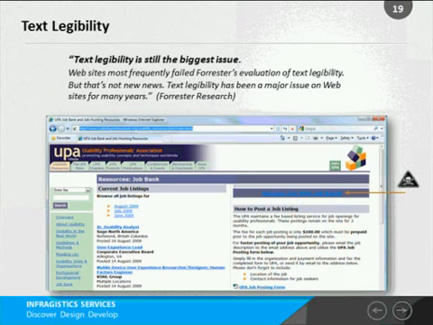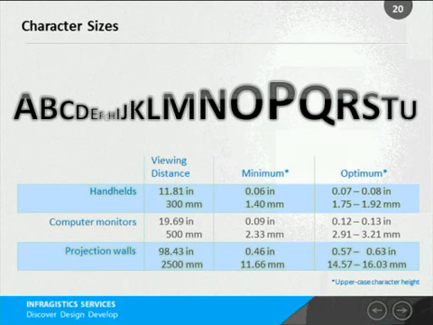So think about contrast. The other thing, obviously, for text legibility is the character size. And I say character size and not font size, because I really mean the physical size. If you had a ruler and you would measure the size on a screen, that's what character size is all about.